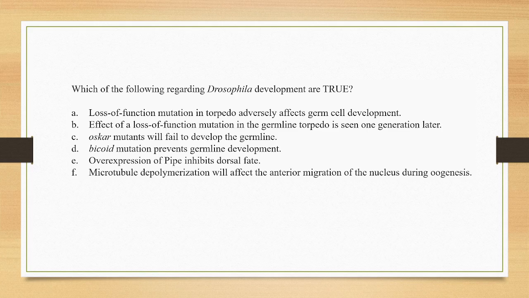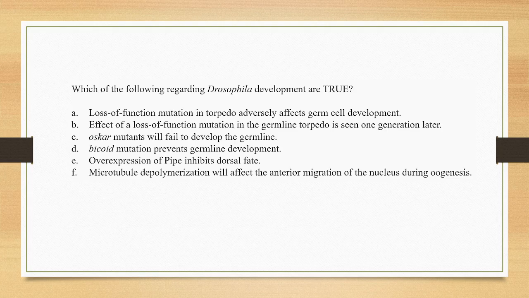Anyways, now we'll come to the next question: which of the following regarding Drosophila development are true? First, loss of function mutation in torpedo adversely affects germ cell development. Second, effect of a loss of function mutation in the germline torpedo is seen one generation later.